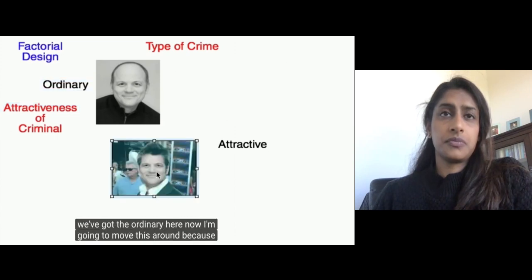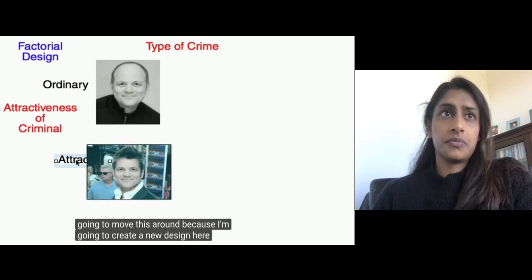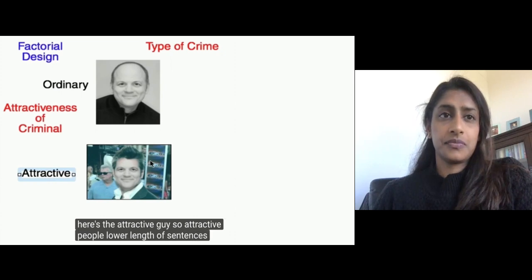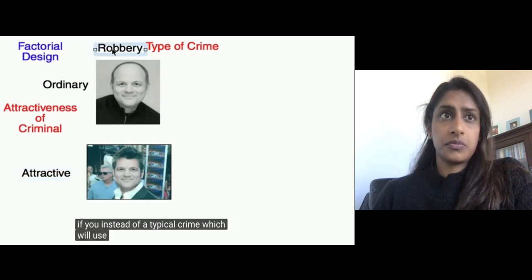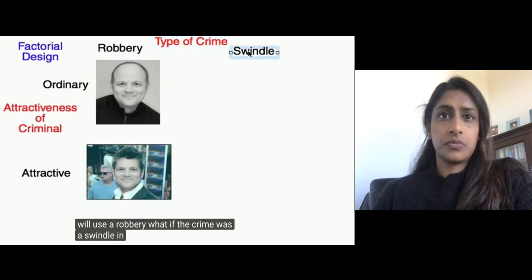Now I'm going to move this around because I'm going to create a new design here. And here's the attractive guy. So attractive people, lower length of sentences, unless they use their attractiveness in the committing of the crime. So, for example, if you, instead of a typical crime, which we'll use a robbery, what if the crime was a swindle?